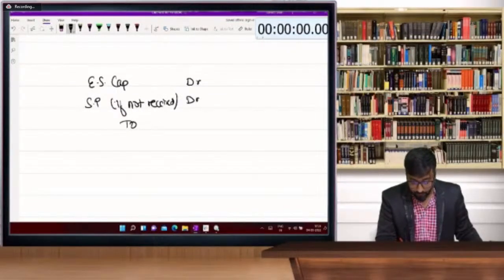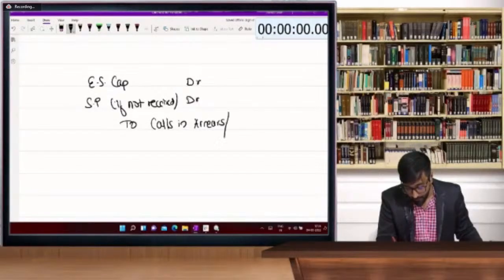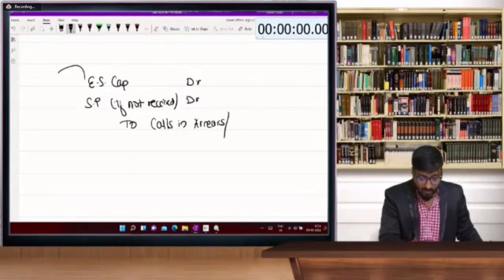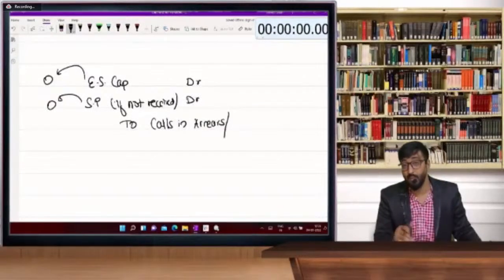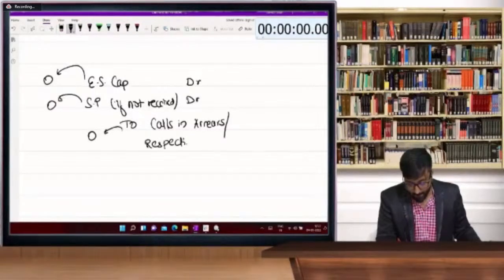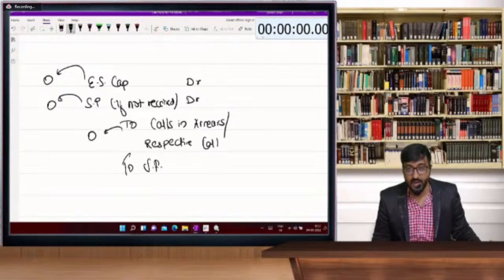2 calls in arrears. Beta, arrears has a debit balance, so now we cancel it. So this balance becomes 0. This balance also becomes 0. Security premium, but the received is there. Yes, we are going to write it in the balance sheet. This balance is also becoming 0 or respective call. And 2 shares forfeited.